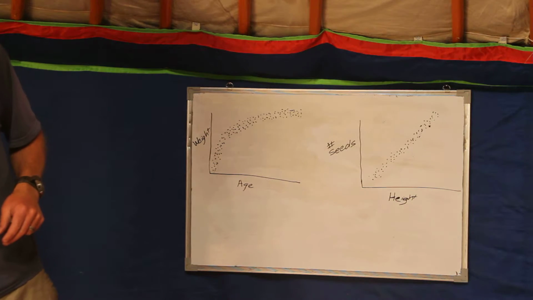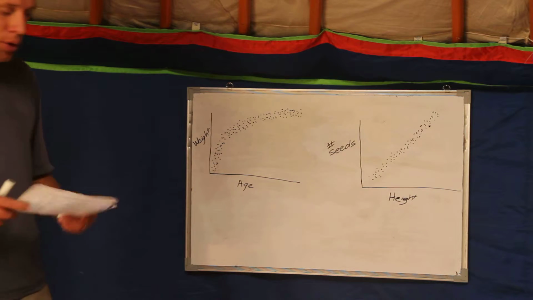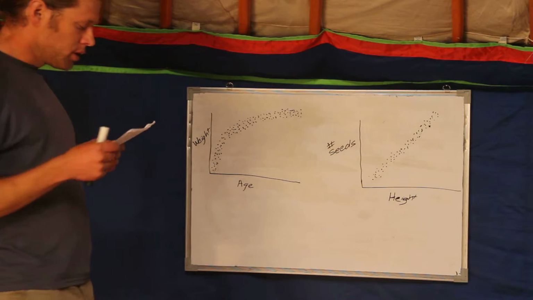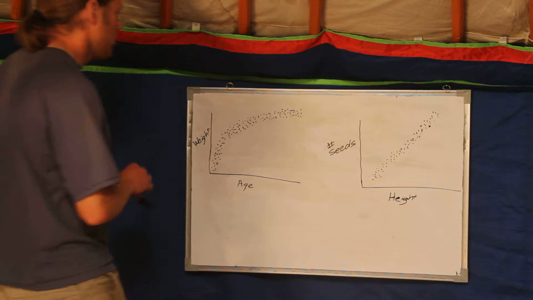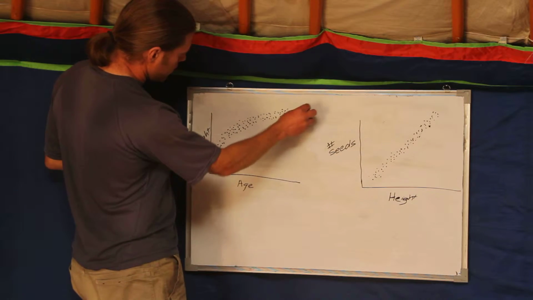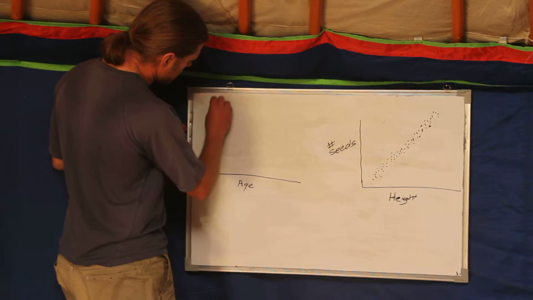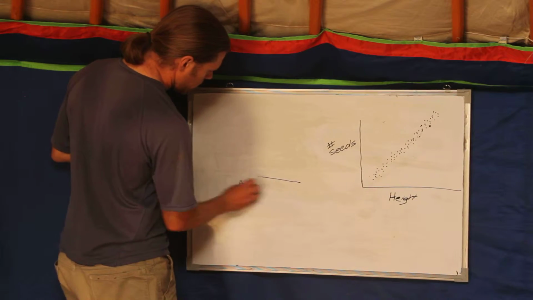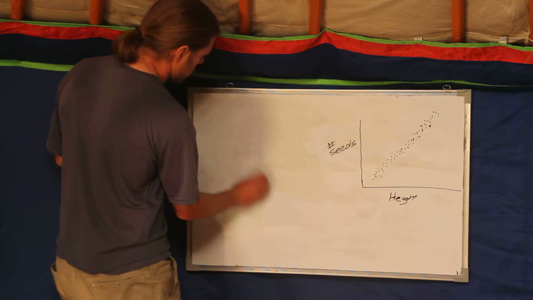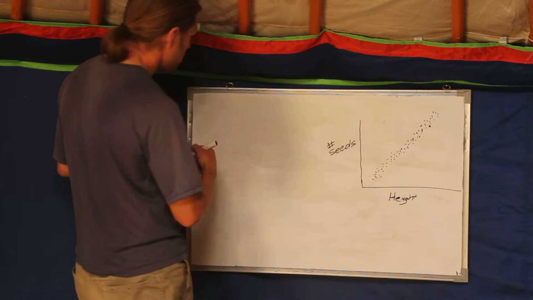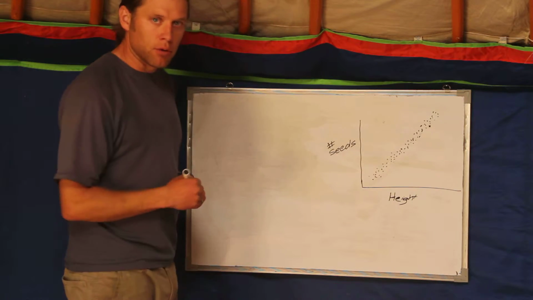Okay, so now that we have that, we're going to go into correlation. First of all, we're going to erase this. This is a curved relationship, so we can't deal with it with the correlation. Instead, we're going to look at only this linear relationship.